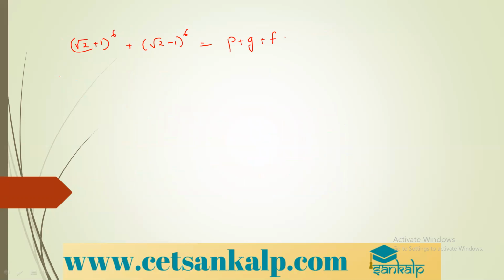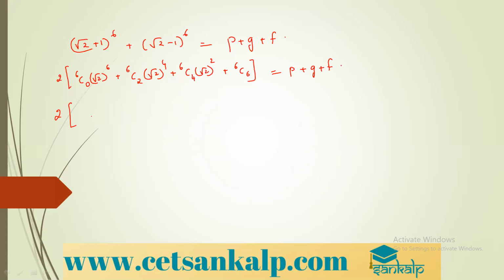So I can write 2 times [6C0 root 2 power 6 plus 6C2 root 2 power 4 plus 6C4 root 2 power 2 and 6C6]. These are left. Remaining all got cancelled. So that will be equal to P plus G plus F.